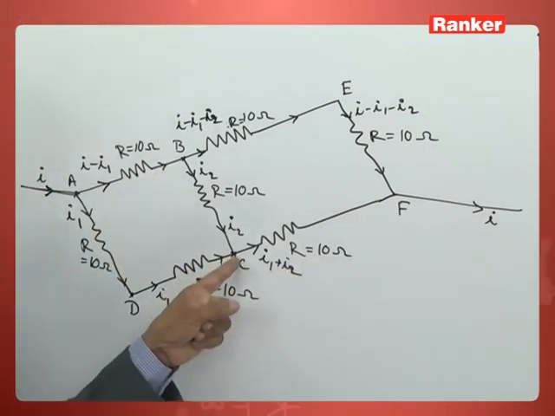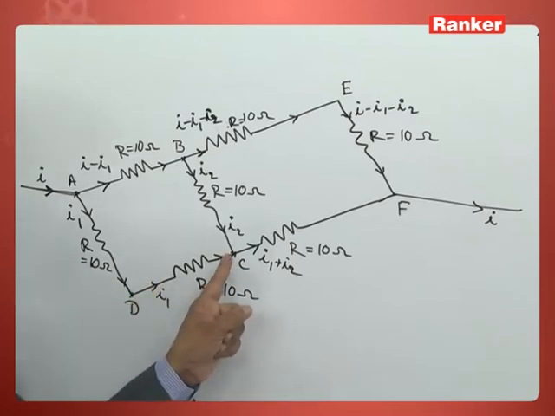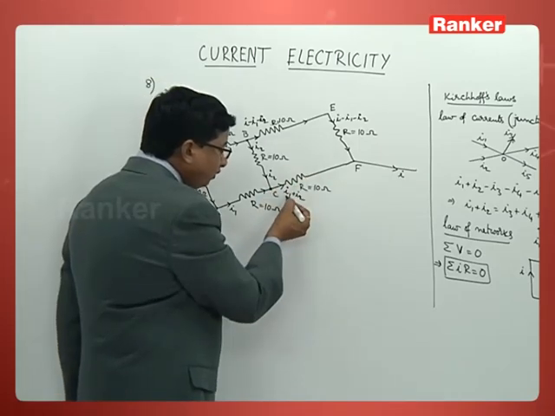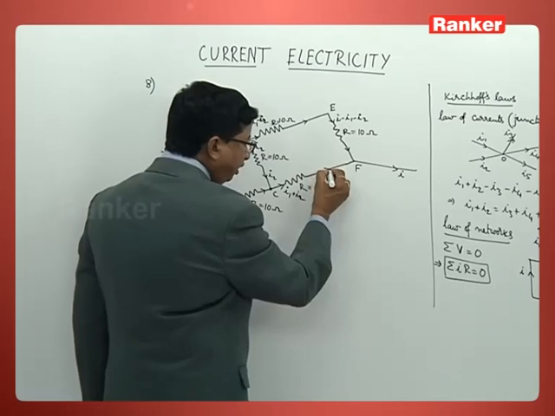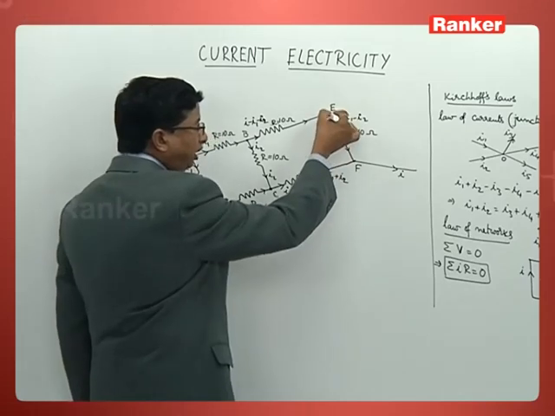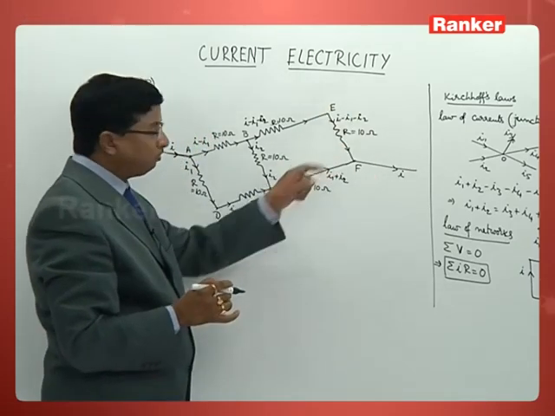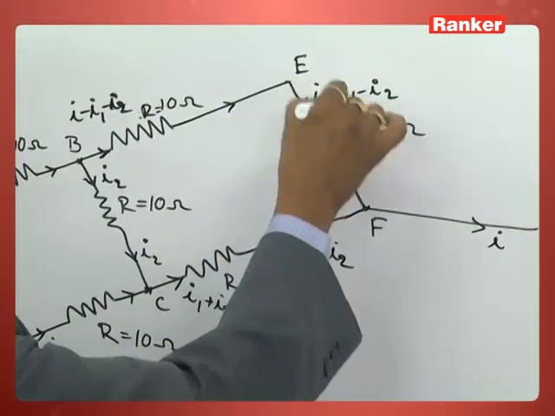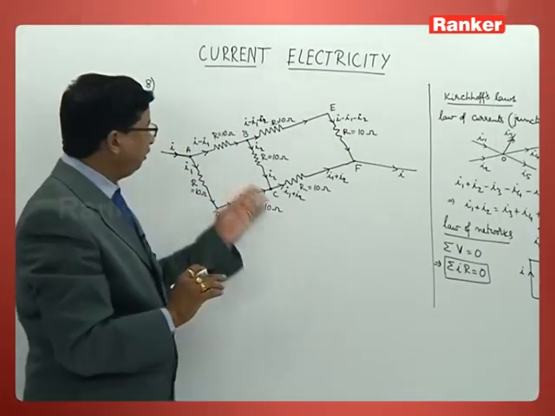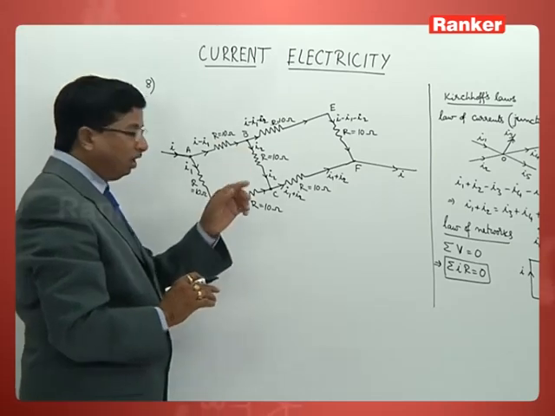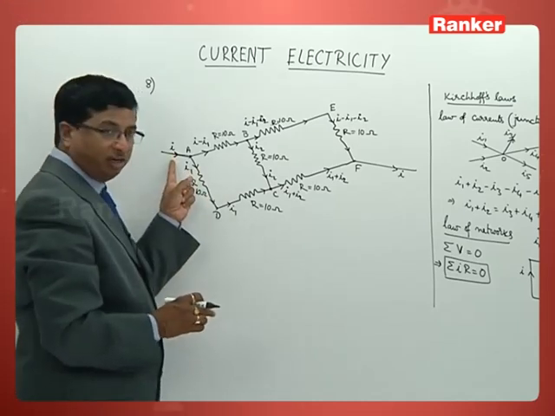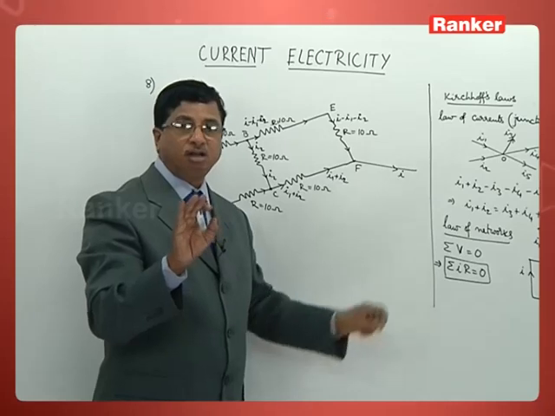So I1 is coming and reaching this point C. I2 is coming from D to C. Both will merge here to enter into this resistance as I1 plus I2. Same current I1 plus I2 reaches this F. In the meantime, I minus I1 minus I2 also will reach there. If you add these two, I1 gets cancelled, I2 gets cancelled, I will come out. So what is actually happening here? Individual resistances may take different currents, but whatever is the incoming current, same will be the outgoing current also.